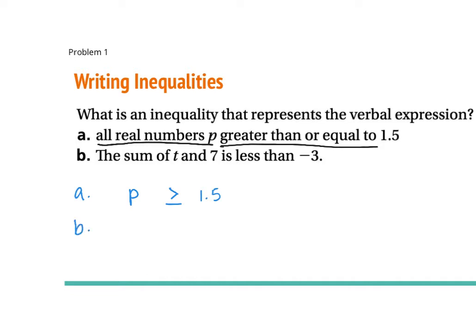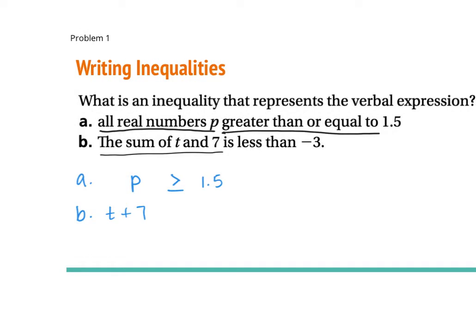And let's do b. The sum of t and 7. So remember, sum means add, so t plus 7 is less than -3. So less than -3.